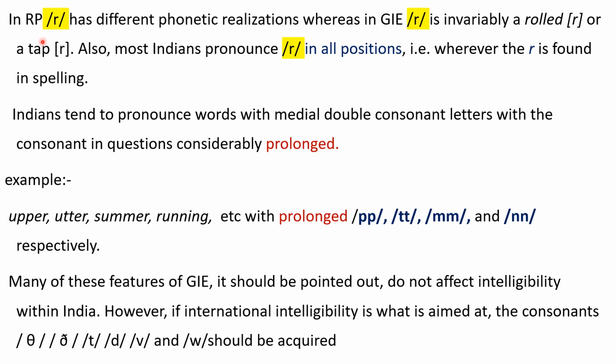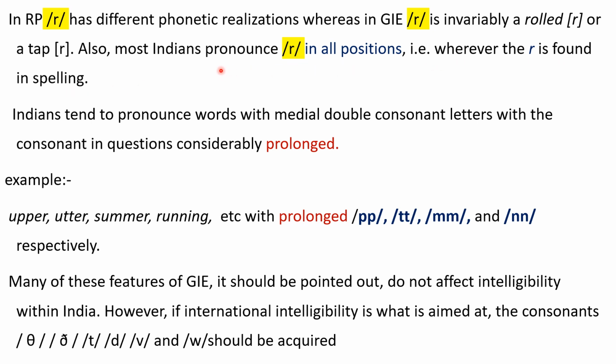So in received pronunciation, British accent, R has some rules, whereas in GIE it is a rolled R or a tap. Most Indians pronounce R in all positions wherever the R is found in spelling.